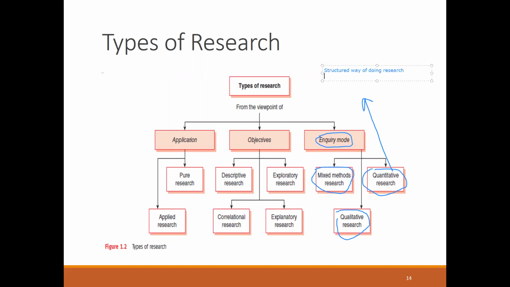Structured way means that you are following certain protocols and guidelines, and you cannot skip those guidelines, because if you skip those guidelines, if those guidelines are not followed, your research will not be valid.